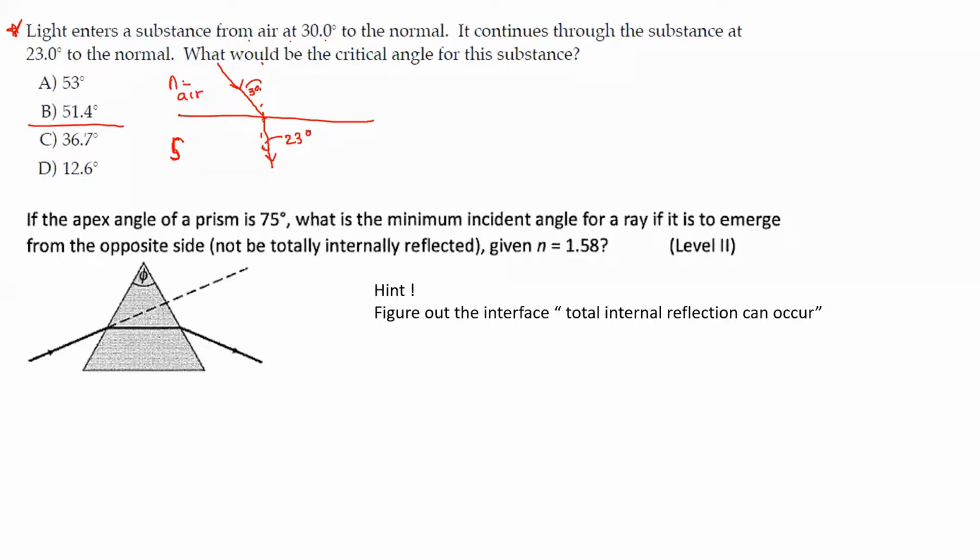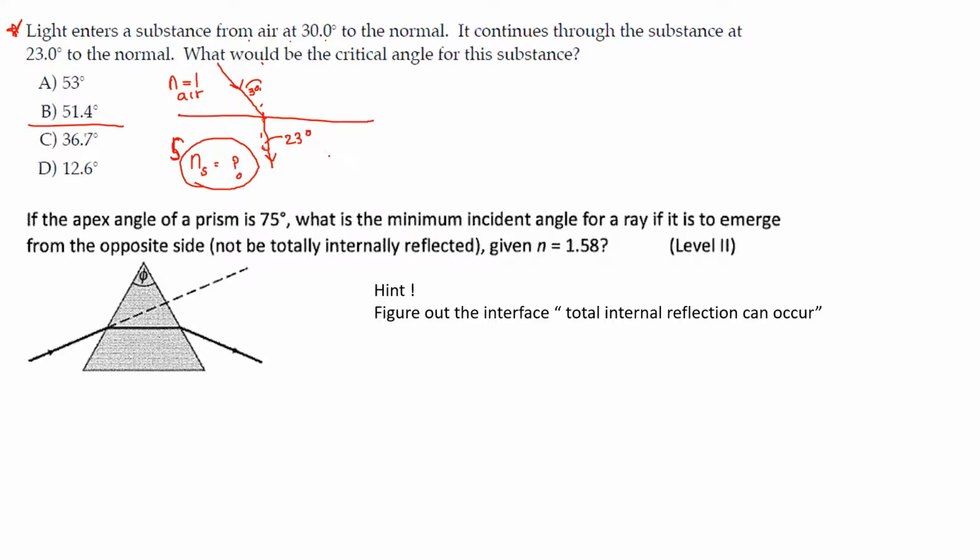We know n of air is 1 and this one we don't know. So in the first part of the problem, we don't have to worry, right? Because the light is going from a rarer medium to a denser medium, we don't have to worry about the critical angle or total internal reflection, because this is a normal refraction. So we can use Snell's law to find the index of refraction of this medium.